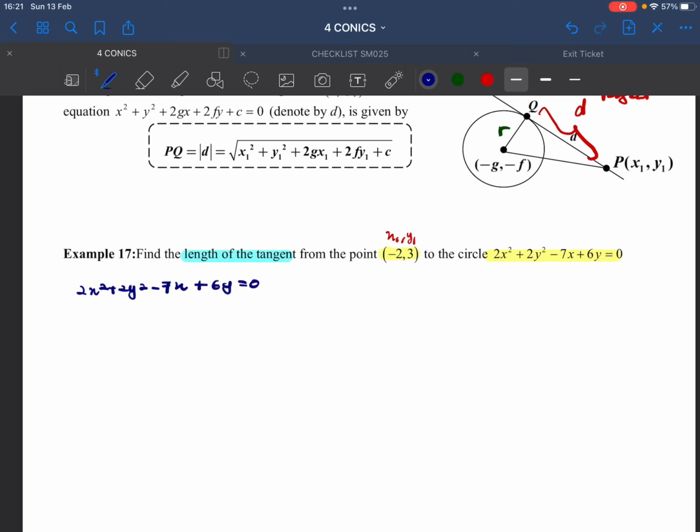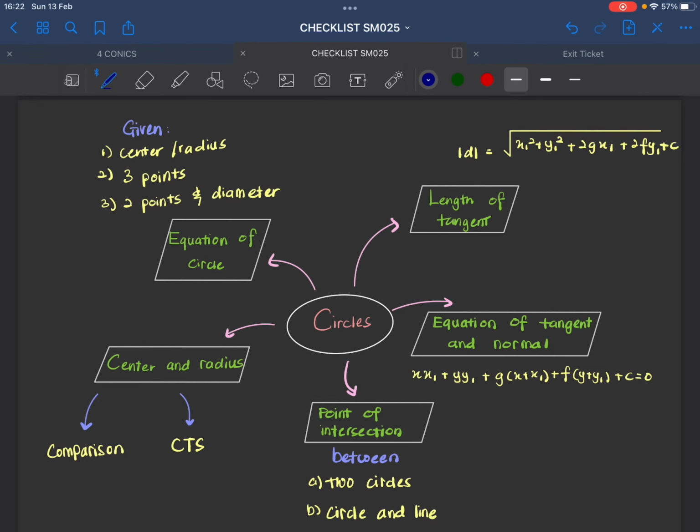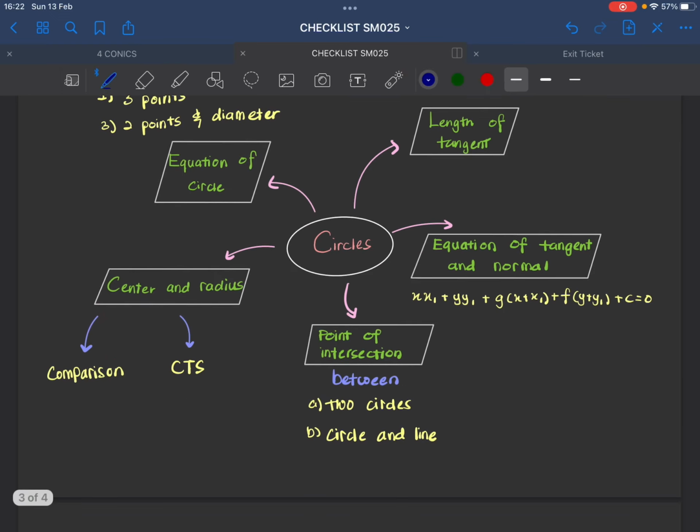We want to find the g and f, which is we want to find the center. So let's see the summary here. We have to do comparison, but you have to remember that you have to compare with the general equation, plus c equals to 0. And as you can see, the coefficient for x squared and y squared must be 1.